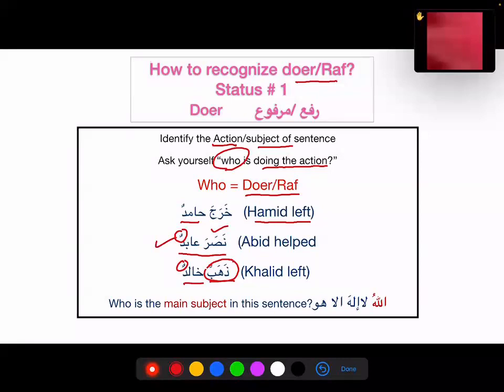For example, when I say Allahu la ilaha illahu, there is no action in it, but we know this sentence is talking about Allah. That's why we say Allahu. This is the main subject of the sentence, so it is Rafa. The word Allah is the main subject over here. Is it making sense to everyone?